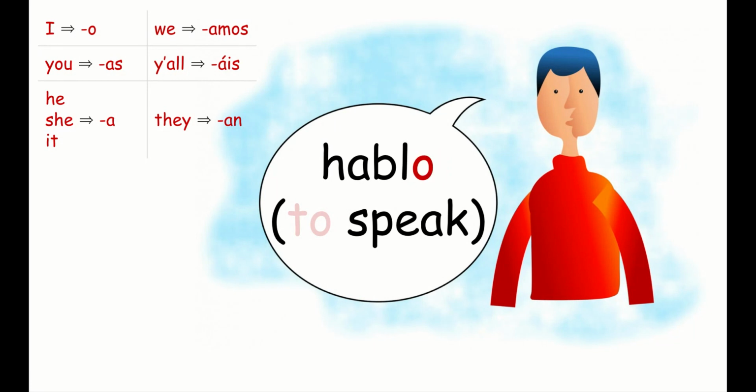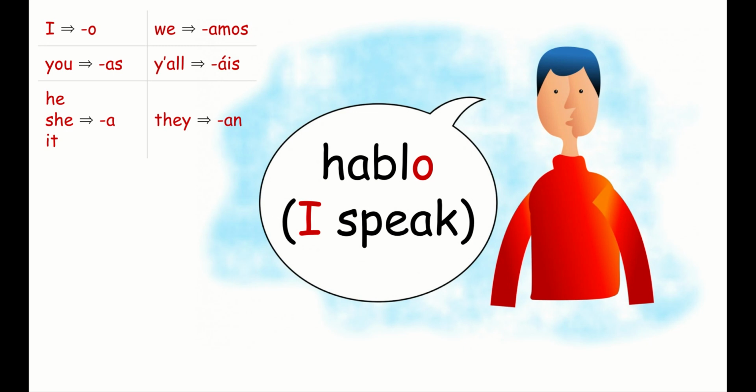So if I say hablo, I'm going to give you a second to try to figure out on your own what this means. Hablo, look in the chart in the top and figure out which person does the o ending belong with. So if you guessed right, you would have said that hablo means I speak. So I speak, hablo.